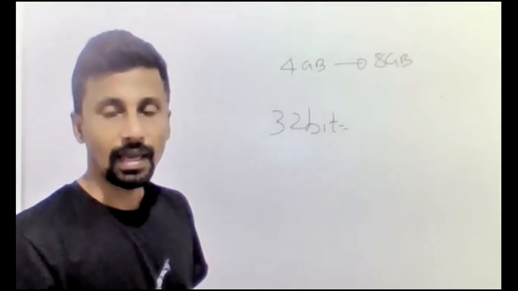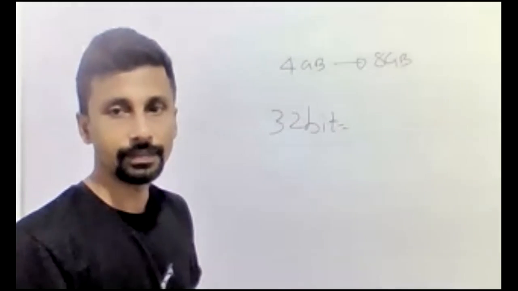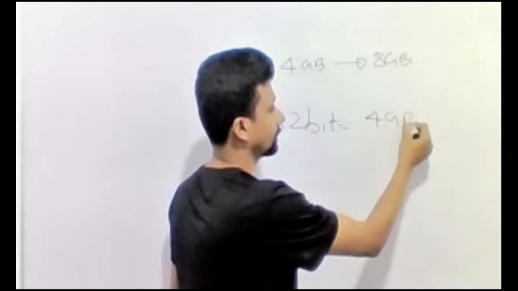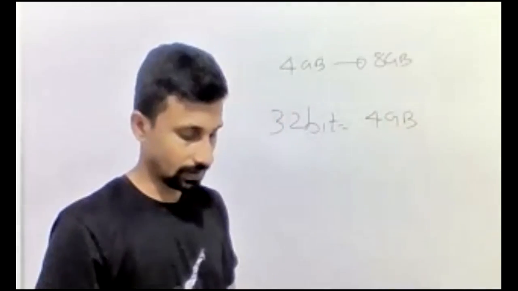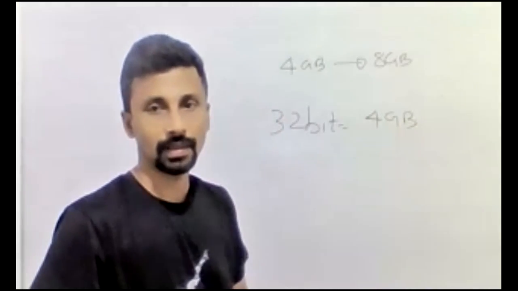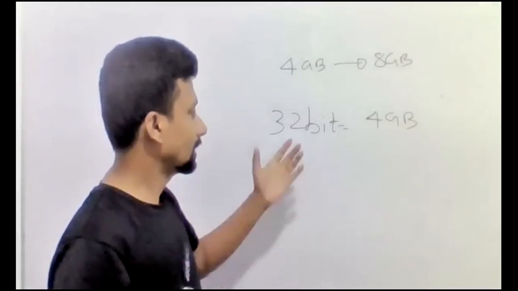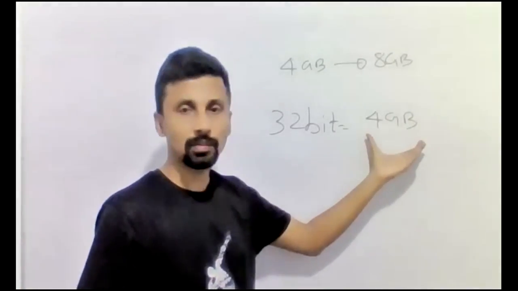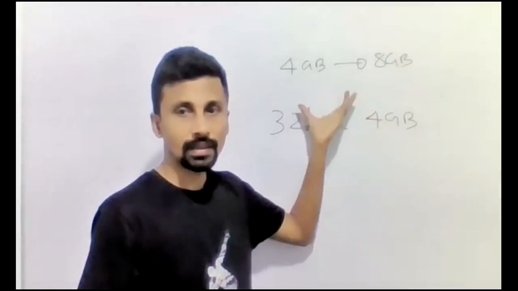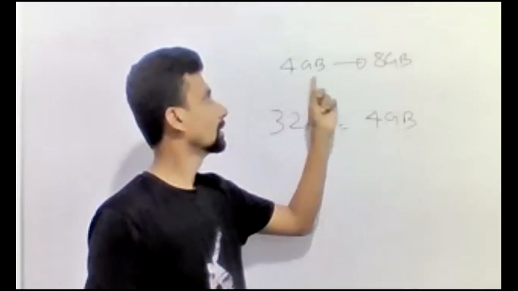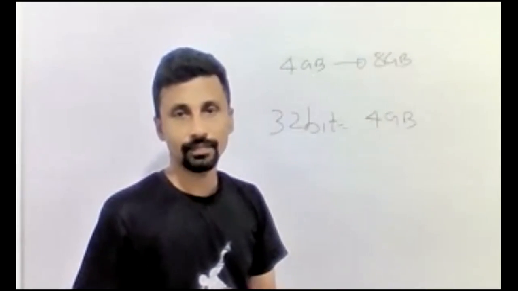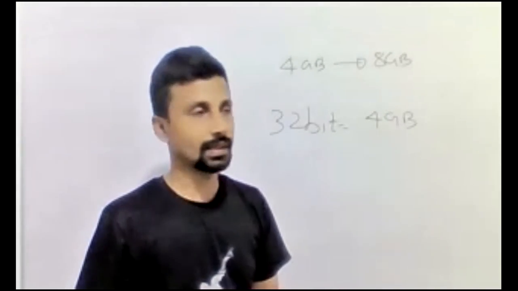The maximum size we can access is 4 GB. This is the thing we discussed earlier, right? With 32 bits, 4 GB is the maximum memory we can access through addresses. Even if you replace the 4 GB RAM with 8 GB, nothing will happen, right?